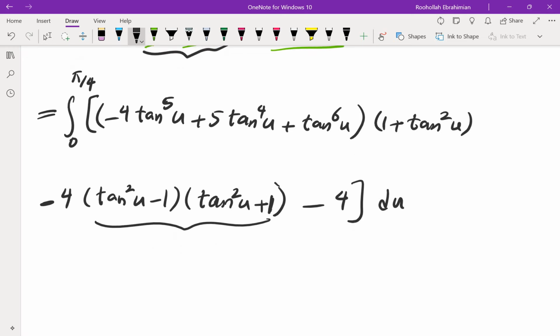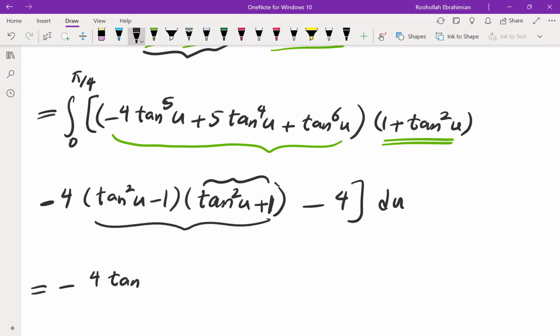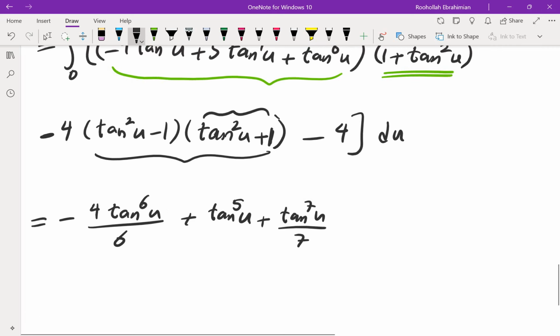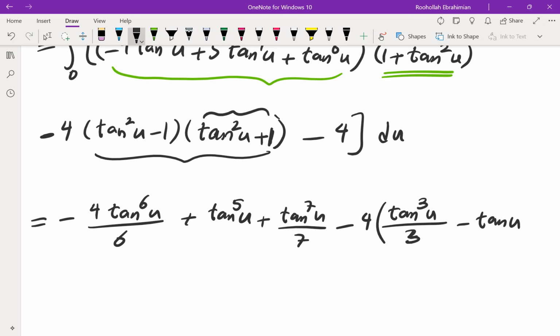Now again, this is also the derivative of tangent. So we're going to just integrate. The integral of this one, this is basically d tangent, would be minus 4 tan to the power of 6 over 6, plus tan to the power of 5, plus tan to the power of 7 over 7, minus 4 tan cubed over 3, and then minus tan of u.